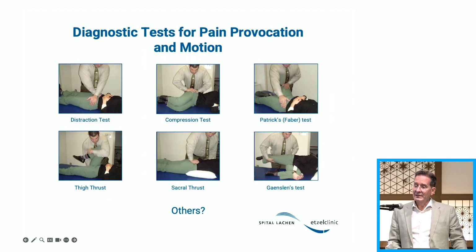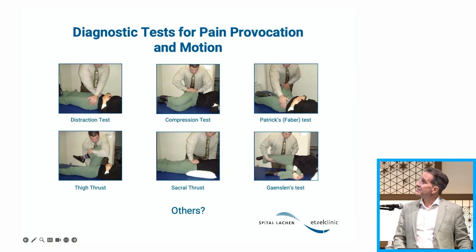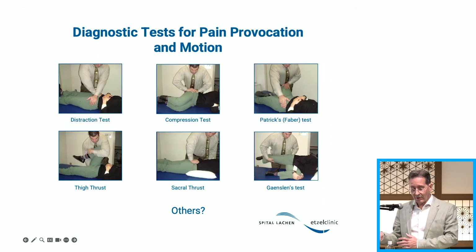We all know that slide with all the different tests that you have to do, and people always talk about how many of these different tests have to be positive in order to talk about the SI joint really as a problem.